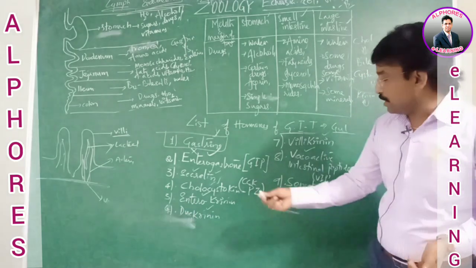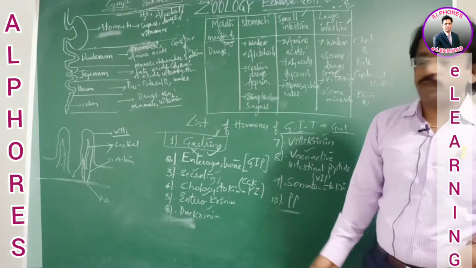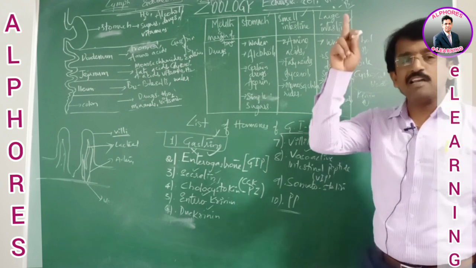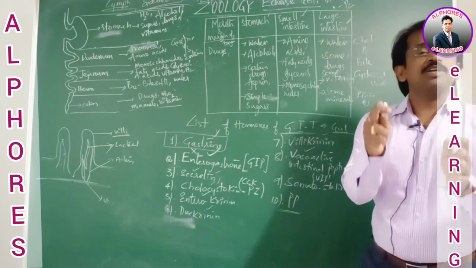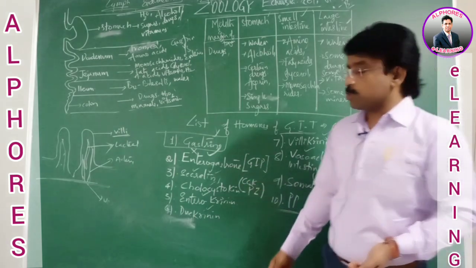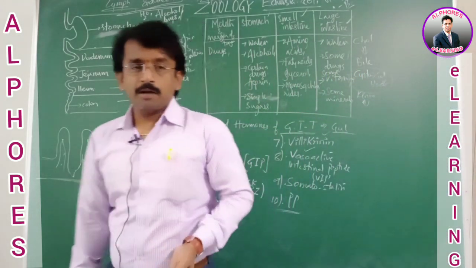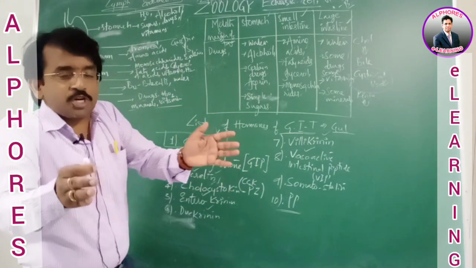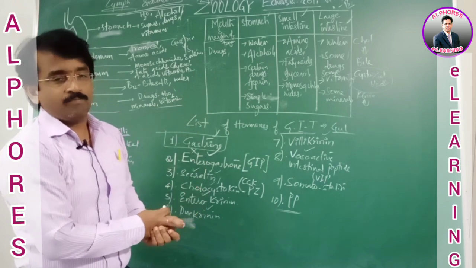At the same time, it also influences the pancreas to secrete the pancreatic juice. So cholecystokinin is the hormone responsible for constriction of the gallbladder.